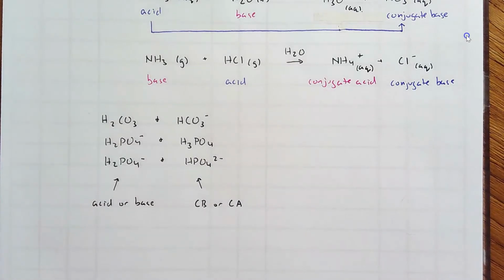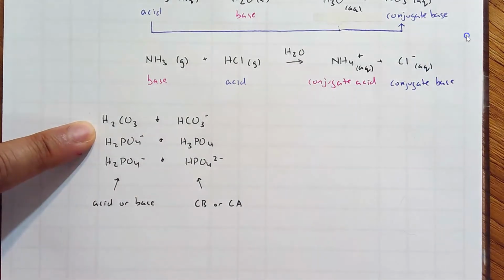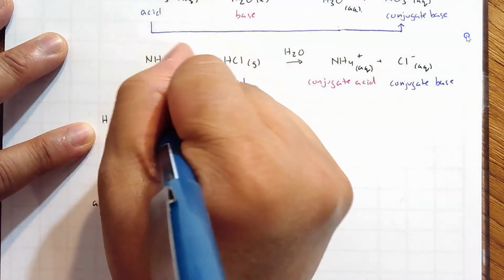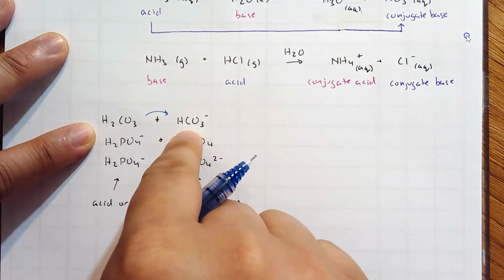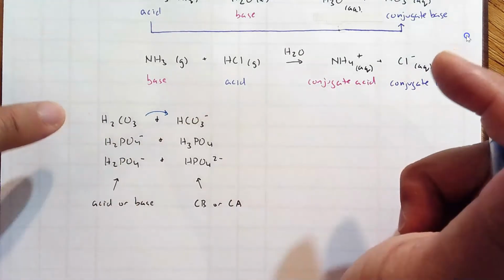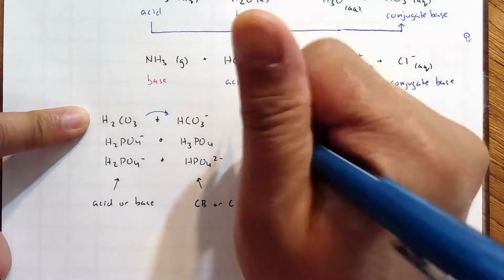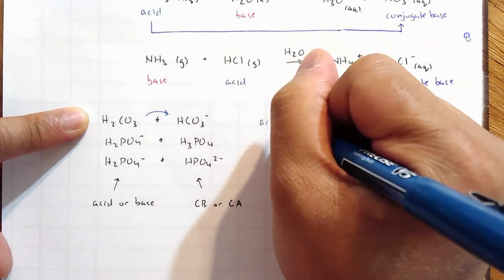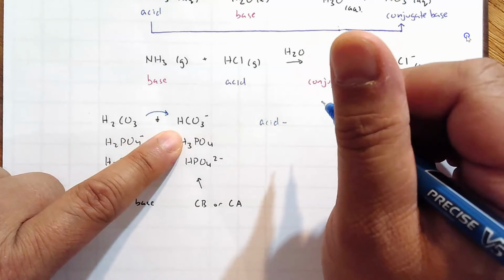I'll do the first one. We have H2CO3, and it looks like to get to the other side, we have to lose a proton. Therefore, what loses protons? Acid. So this is an acid conjugate base pairing.